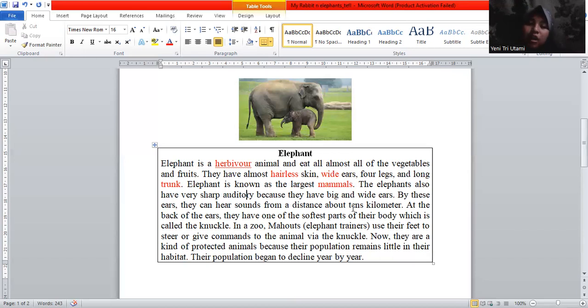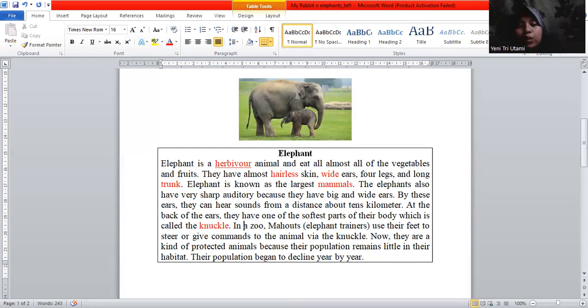At the back of the ear, this part, they have one of the softest parts of their body, which is called the knuckle. So the knuckle is their softest part of their body, which is located in their back ears.